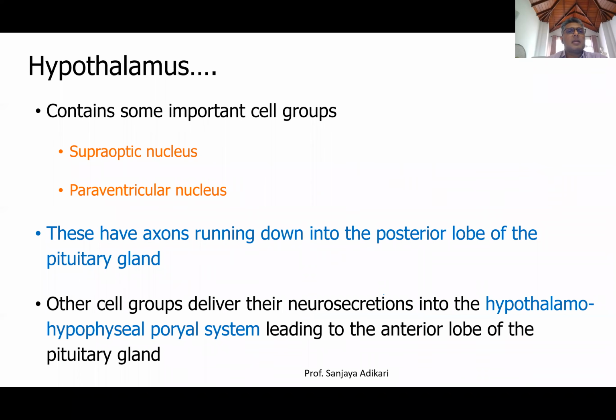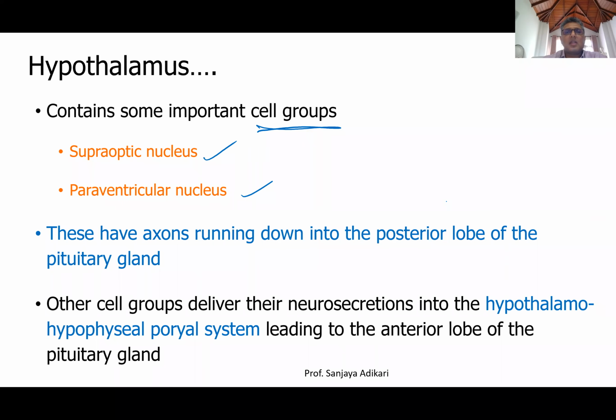Then again, in the hypothalamus, you get two important cell groups, the supraoptic nucleus and the paraventricular nucleus. You will learn these things in physiology. I'm not going into the details of that. Anyway, you will learn these things when you do the endocrine system.